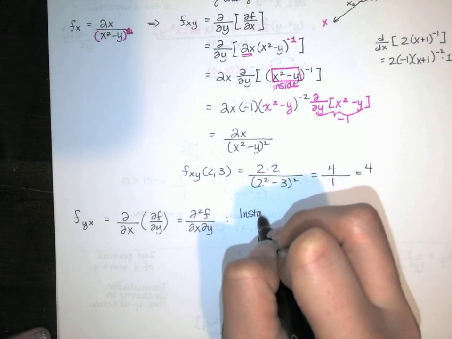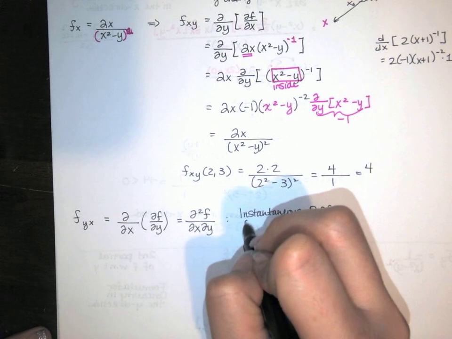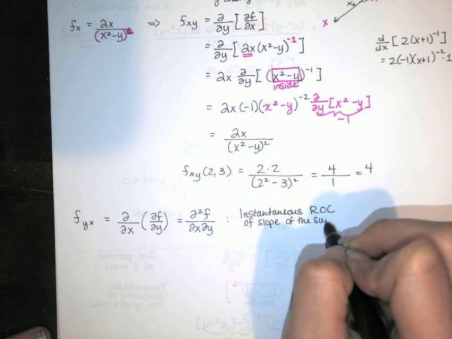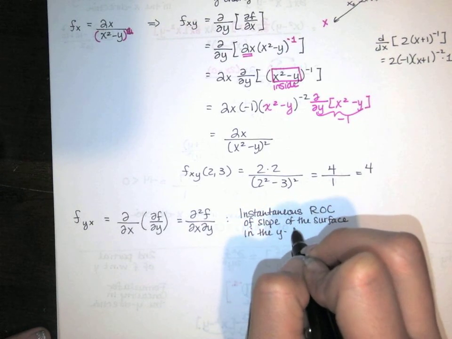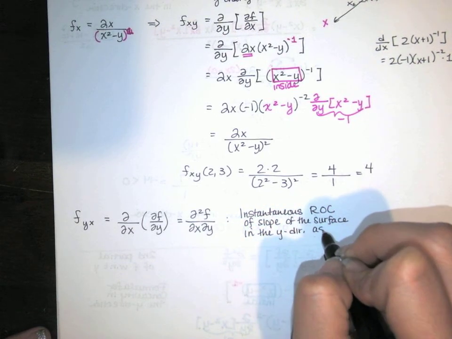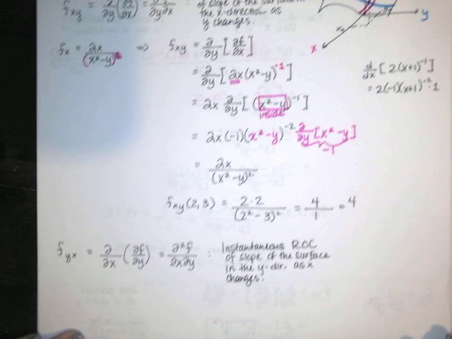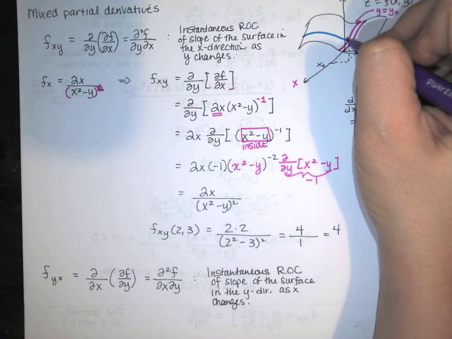So this is the instantaneous rate of change of slope of the surface in the y direction as x changes by 1 unit. So remember, our point of interest was right here.